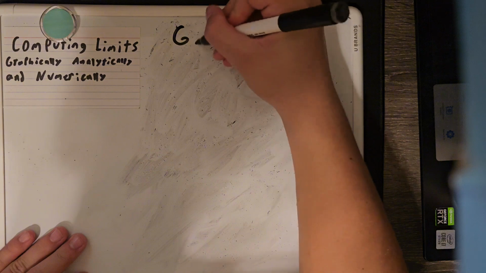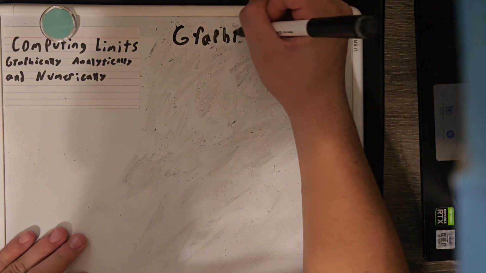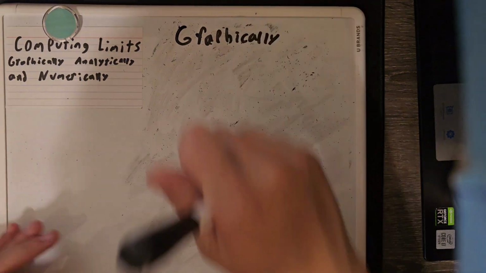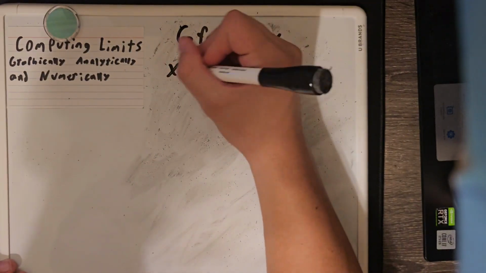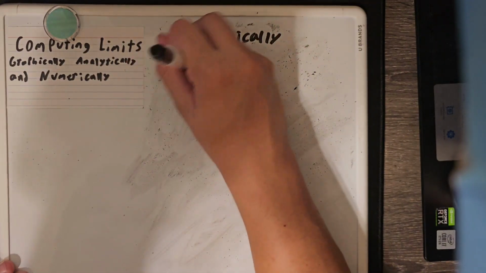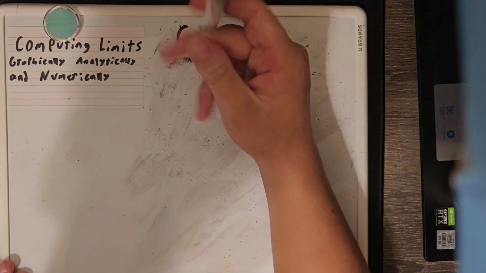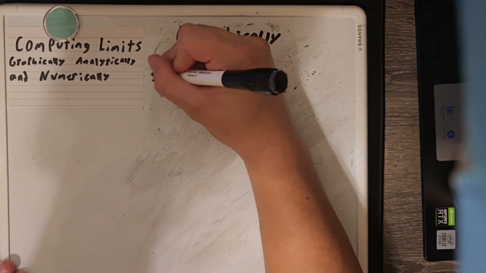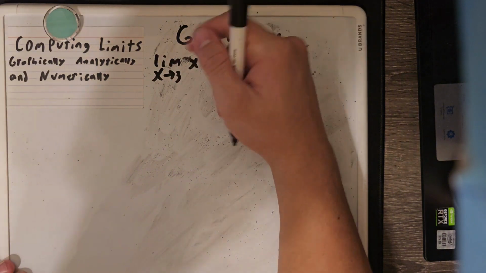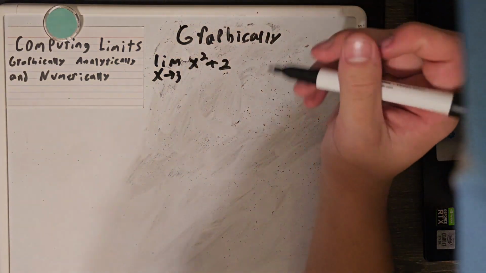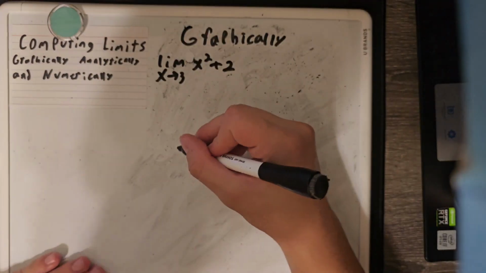So, for example, if we are given our previous limit as x approaches 3 of x squared plus 2, if we were to compute this graphically, we would simply just create a graph.